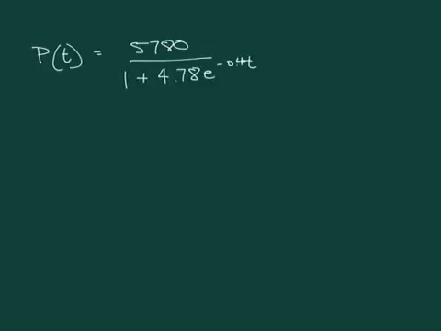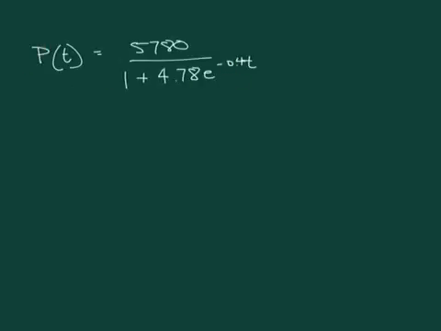There's the formula for this particular problem. On the bottom of page 414, they give the same equation with an a, a b, and a k. Sometimes you'll have to find what those are, but in example 4 they give you the formula. The graph of P of t is a curve.